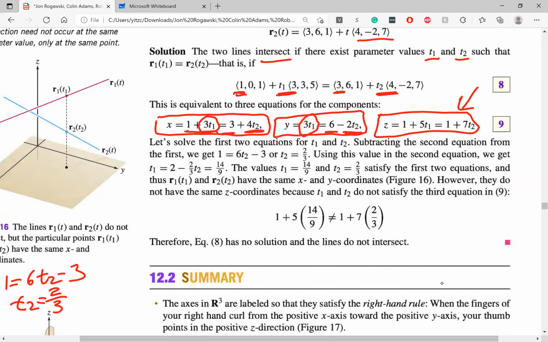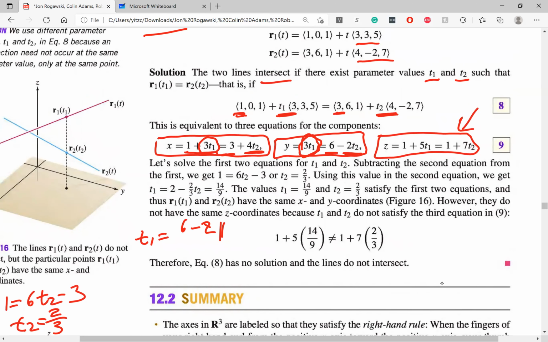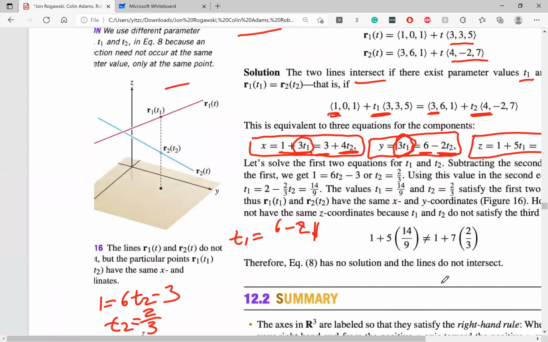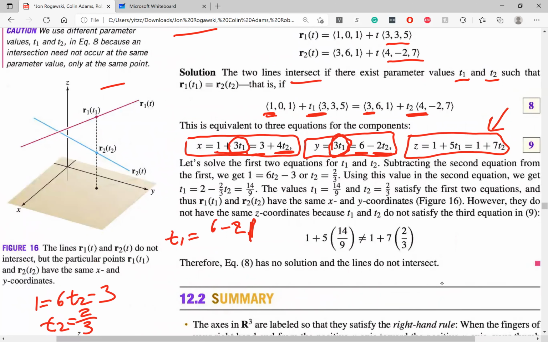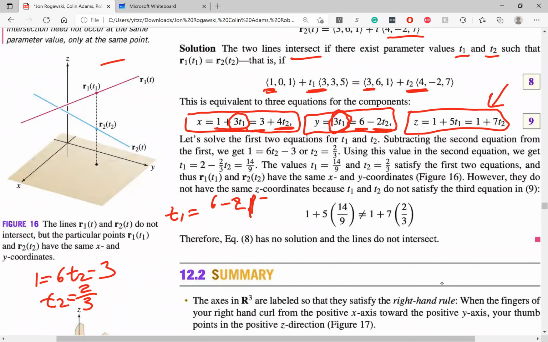We can plug it into our first equation, or the second equation. What you are going to get is that T1, you have this 3T1, so T1 is going to be equal to 6 minus 2 times 2 over 3.